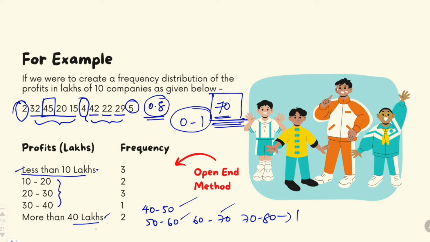These two classes take care of most of our outliers, and the majority of values can be included in proper classes, which we can divide into logical class intervals. So that is the open-ended method, and it gets applied especially when you have very far-fetched outliers in your data. Outliers means data that is very far removed from your normal trend. I hope you understood that.